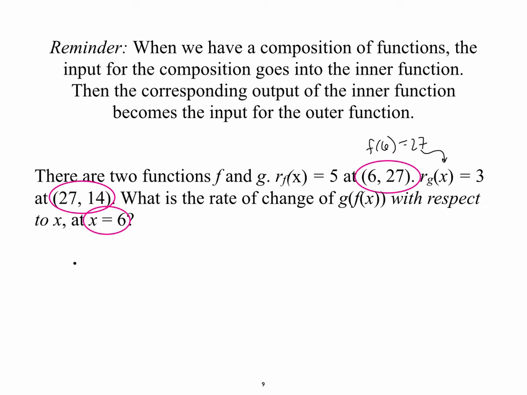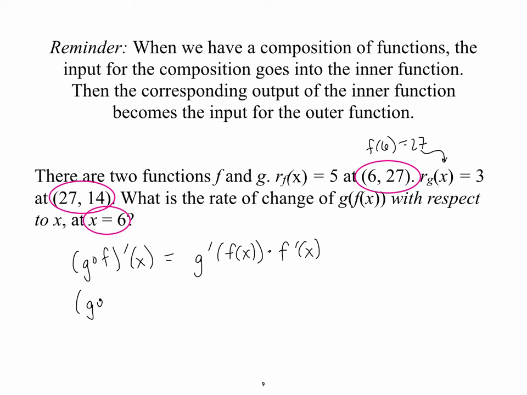So applying the rule that we've got, the rate of change of the composition is the rate of change of g with respect to f of x times the rate of change of f with respect to x.